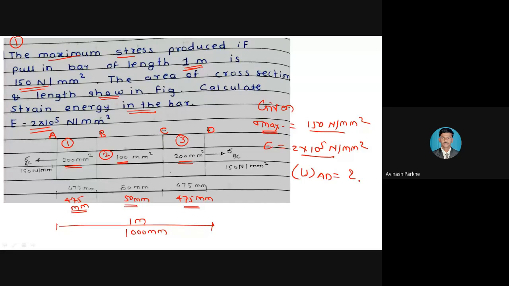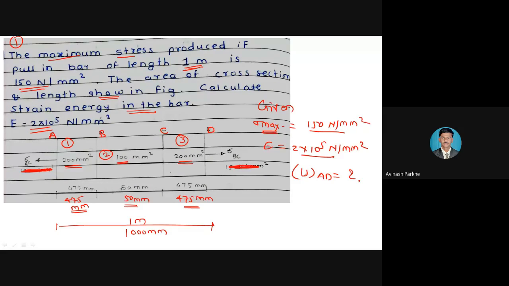For which it is applicable? Use the concept in chapter number 1. It is not applicable for all the 3 sections. It is not a load, it is stress. Here 150 is given. It is not a load, it is a stress.